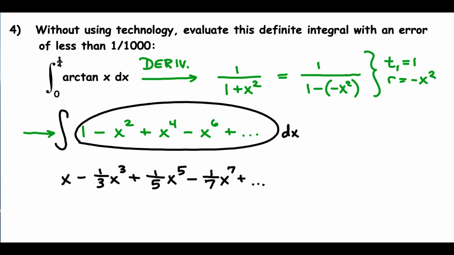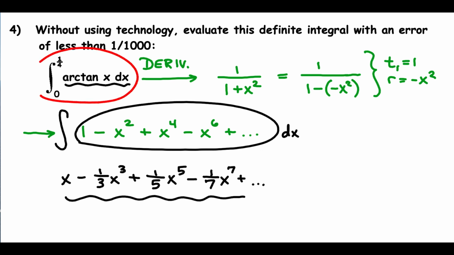Now, even though I integrated term by term, this, you may recognize, is the memorized formula for arctan. So when I changed from arctan to the green derivative, I integrated to get back to arctan. I still have to integrate the arctan. So I have to integrate this one more time.